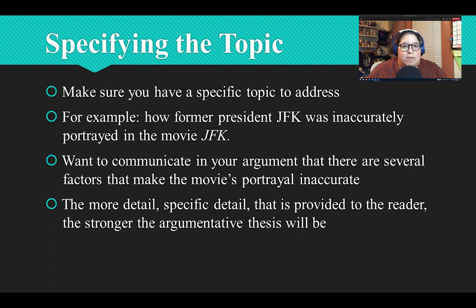In this case, let's assume your topic is about how former President JFK was inaccurately portrayed in the movie JFK. The idea that you want to communicate in your argument is that there are several factors that make the movie's portrayal inaccurate. The more detail, specific detail, that is provided to the reader, the stronger the argumentative thesis will be.